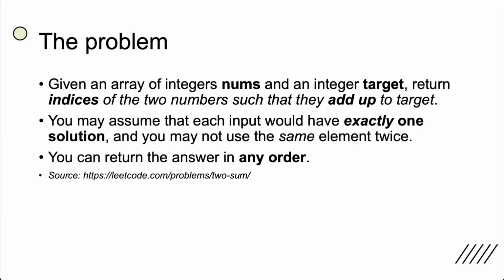You may assume that each input would have exactly one solution, and you may not use the same element twice. You can return the answer in any order. And a quick comment, the source of this algorithm is leetcode.com, so if you would like to check it up, feel free to do it.